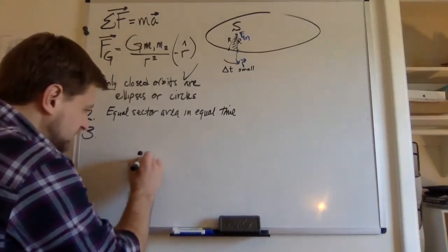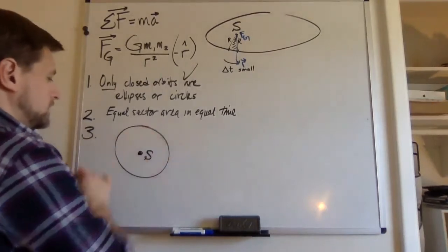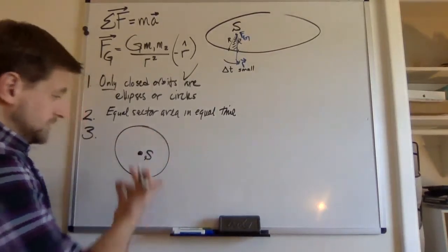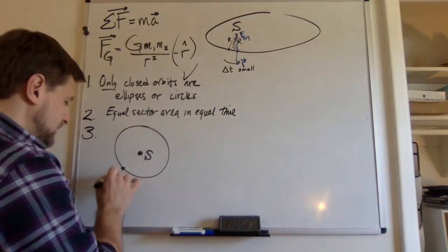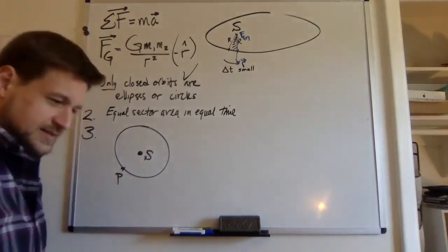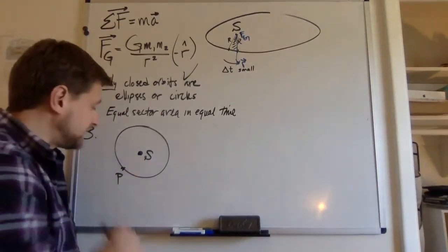Suppose we have the sun and we've got our planet, or it's the Earth and the moon or something like that, in a special case, a special ellipse, a circular ellipse in this case.